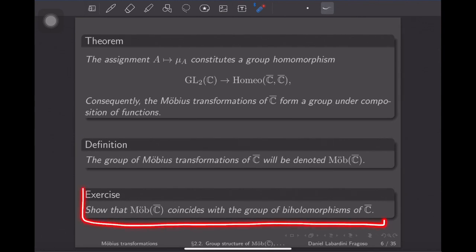When one considers C bar as a Riemann surface with the two charts that we saw: in one chart, it was just the open subset C of C bar together with the identity to C, and in the other chart we had C bar minus 0 together with the chart Z goes to 1 over Z.